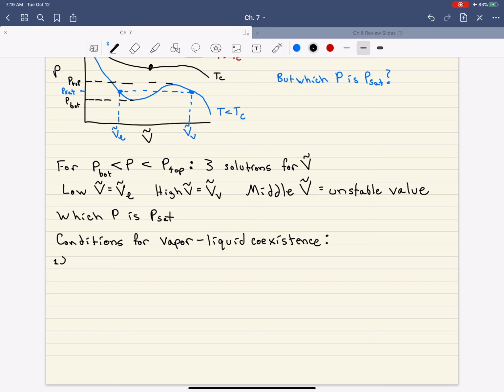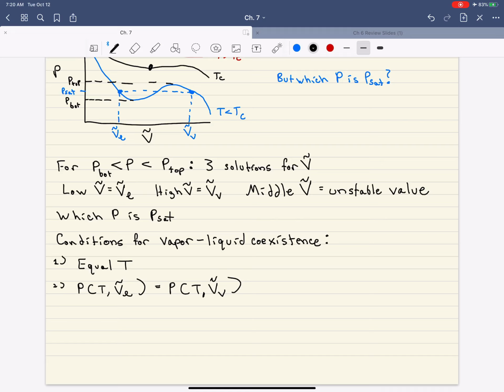In order for the vapor and liquid phases to be stable and coexist, each of the phases has to have an equal temperature. The pressure of both phases needs to be equal. The pressure, which is a function of temperature and molar volume, if we plugged in the liquid molar volume value, would have to be equal to the pressure we would get if we plugged in the vapor molar volume value. So that's the second criterion.